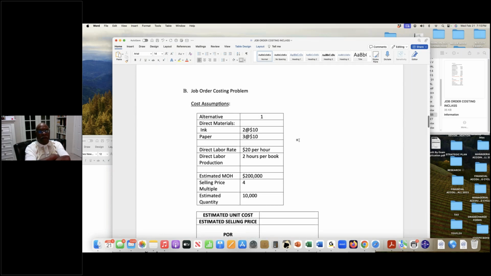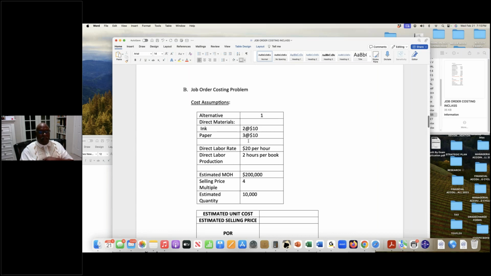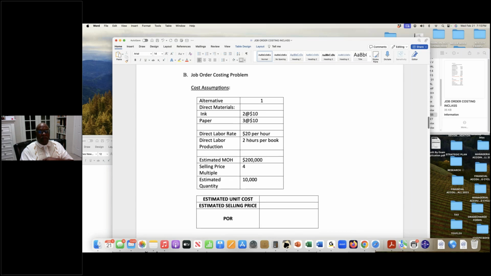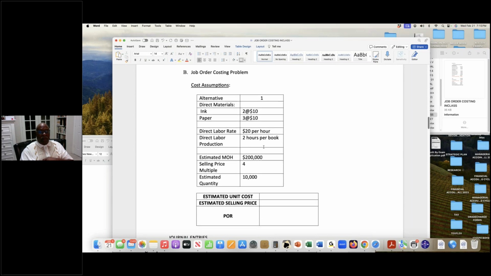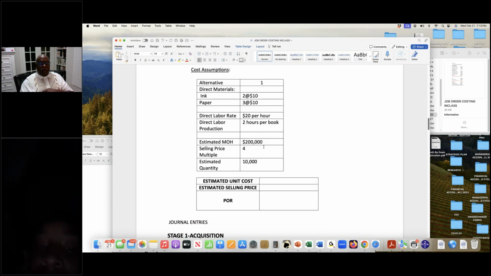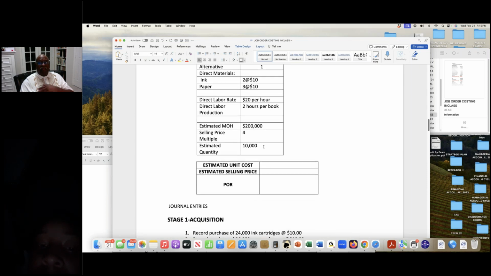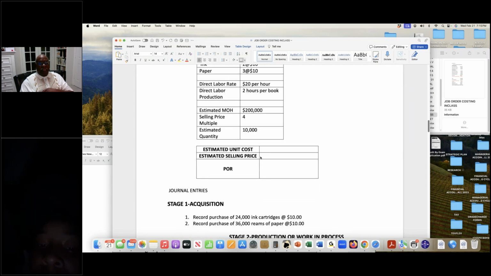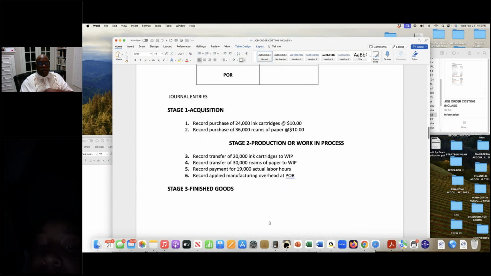Then you have a job order problem, similar to what we just worked, except now you've got two raw materials. Some of the same thing, you got to calculate selling price. So you're going through the whole thing now on this problem.